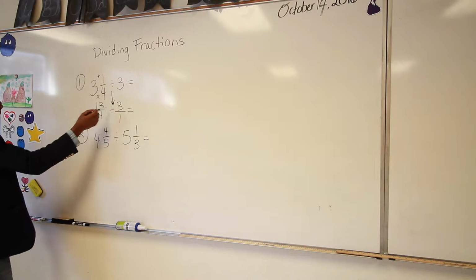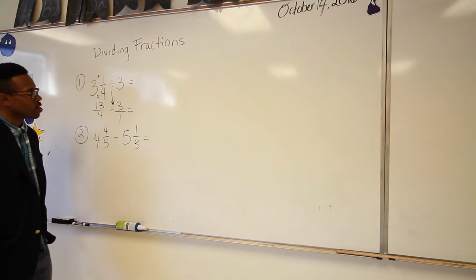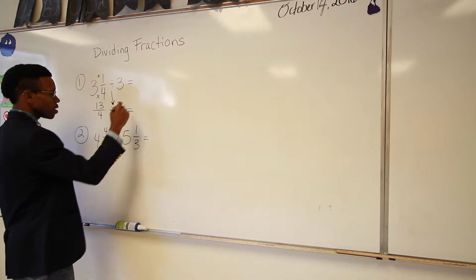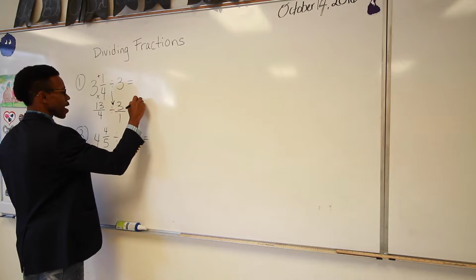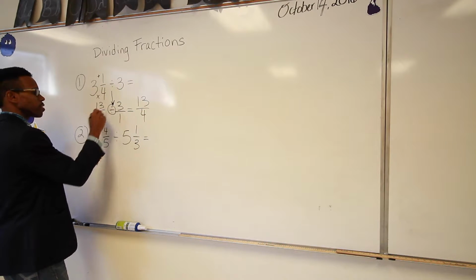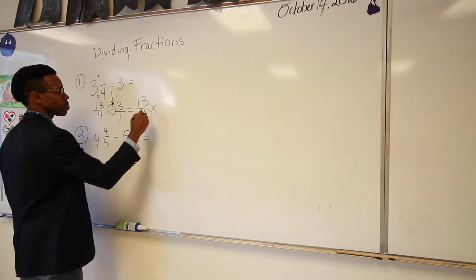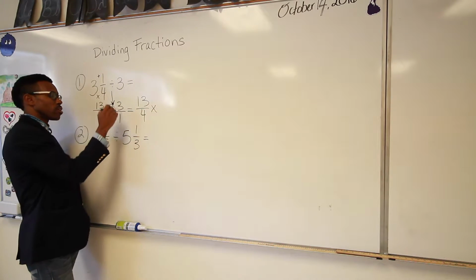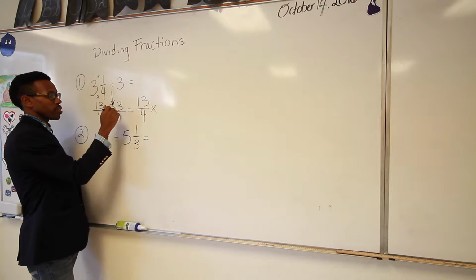Now, when we do division of fractions, we first want to convert it into multiplication. So, if I do that, I have 13 over 4. I'm going to change this operation to multiplication. And when I do that, I have to reverse the fraction here.